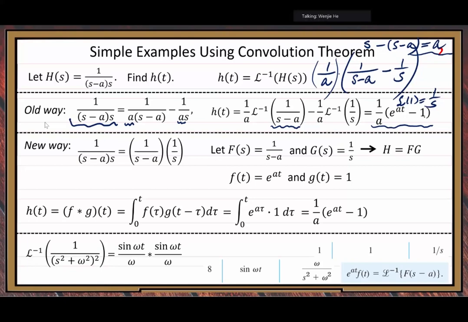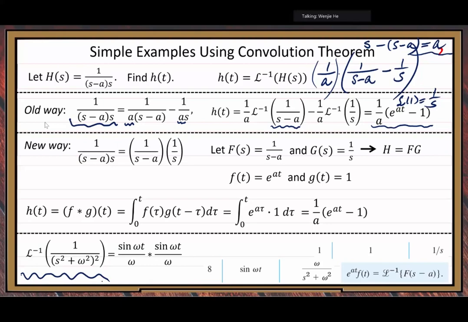Before I move to the next slide, I want to ask one question. For this example, for Zoom students, let me write a little bit. The inverse Laplace transform of the function 1 over the denominator s squared plus omega squared, all squared.